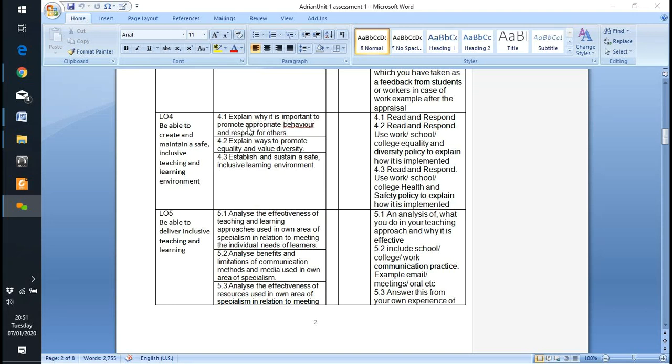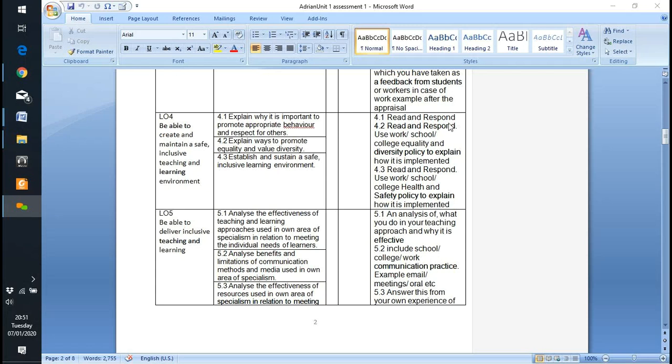So it's explain ways it's important to promote appropriate behaviour and respect for others, and explain ways to promote equality and value diversity in the establishment and in the classroom that you're in charge of, really. So 4.1 is read and respond.